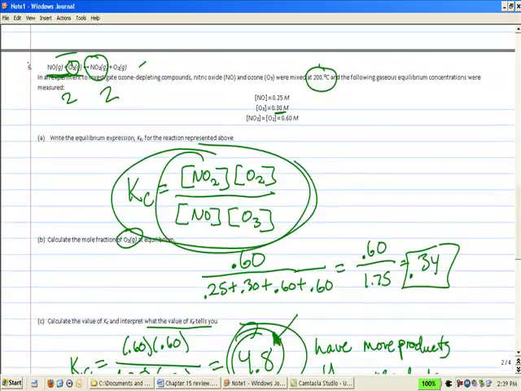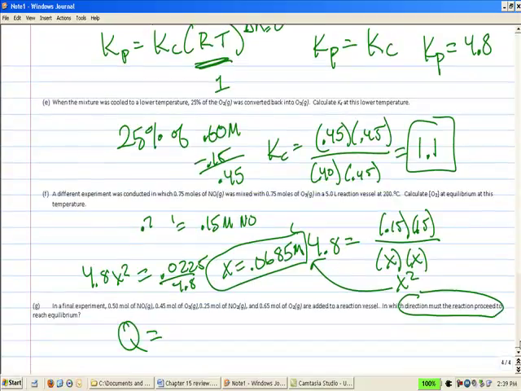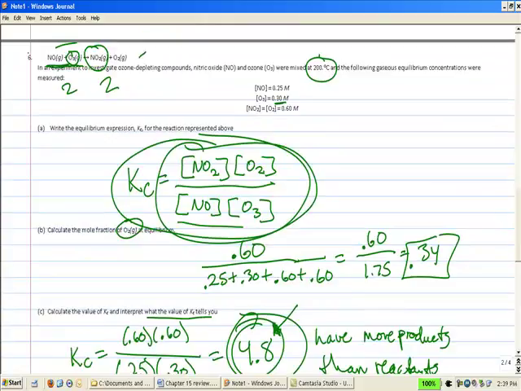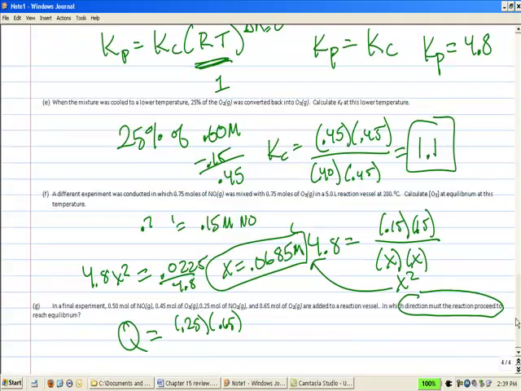So we're going to use this same equation, NO2 times O2 on the top. So NO2, 0.25, times O2, 0.65, on the top, and we're going to divide that by NO and O3. NO is 0.50 and O3 is 0.45.